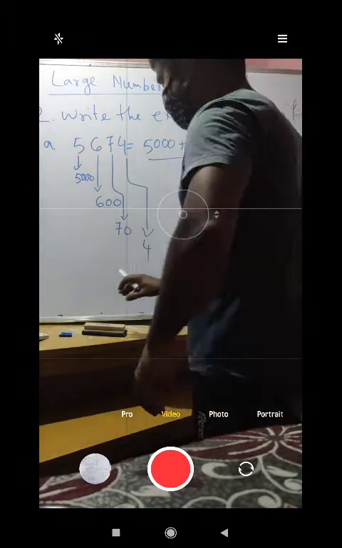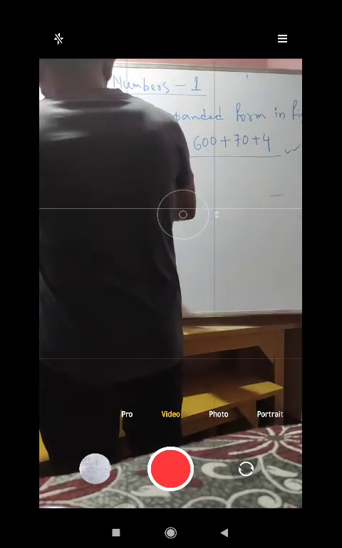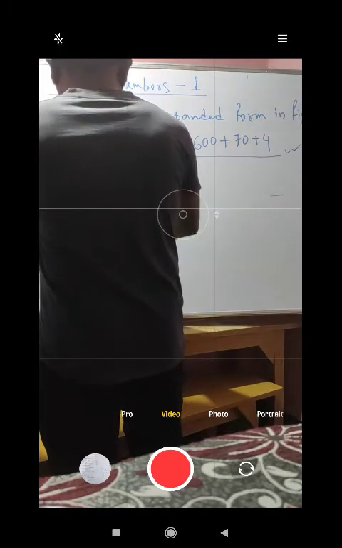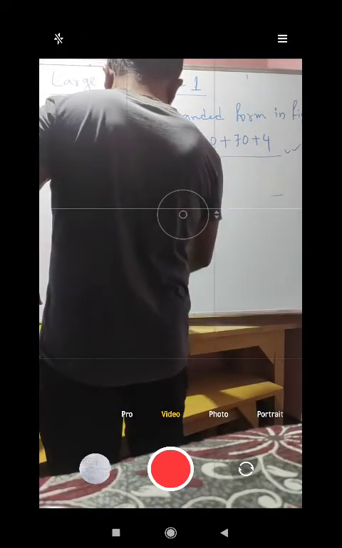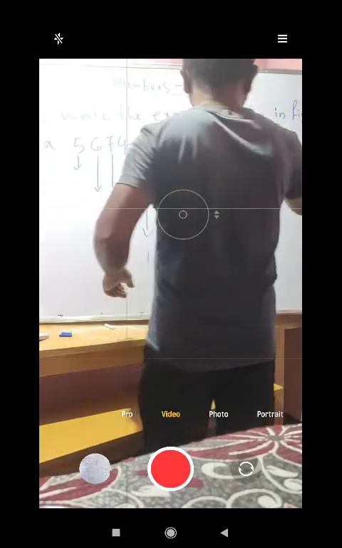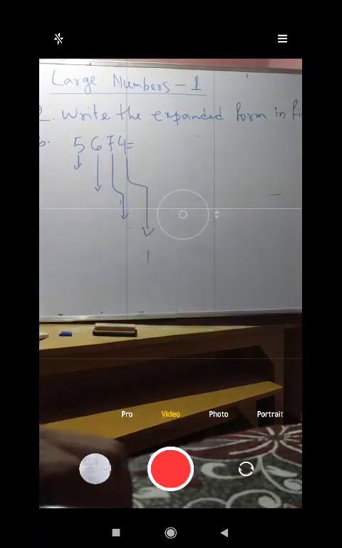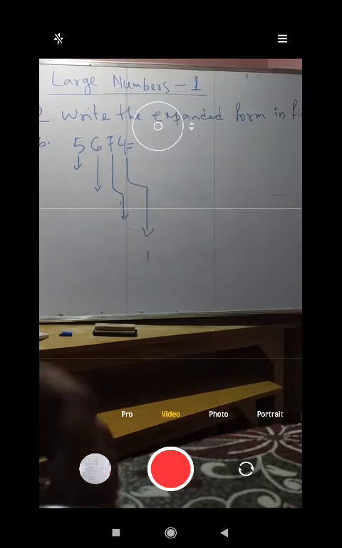Okay. Next is given 7083. This is number B. Okay. 7083.